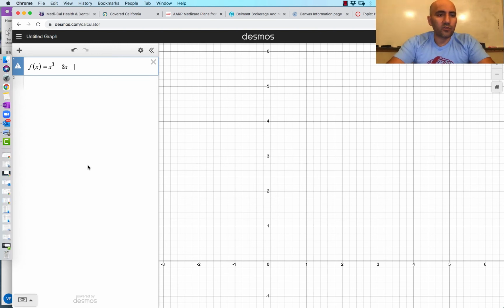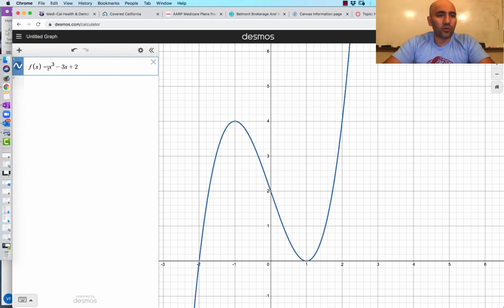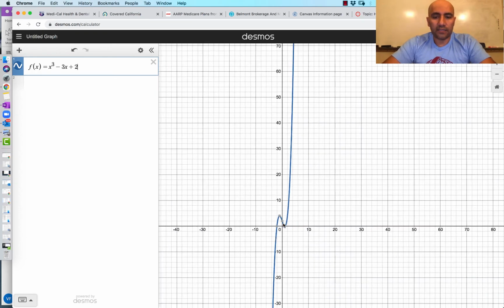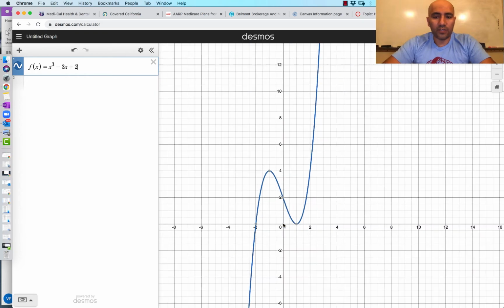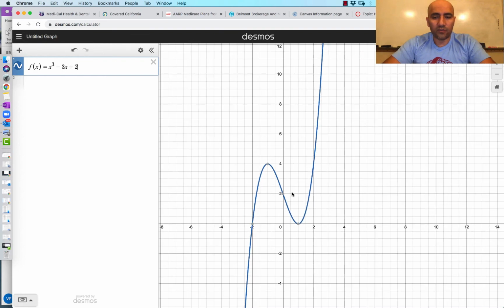Okay, so here in Desmos, I type in my equation that we're working with. Here it is. It's a polynomial, so we can see that it's continuous everywhere. But we're just really interested in this part right here, so I'm just going to zoom into this.